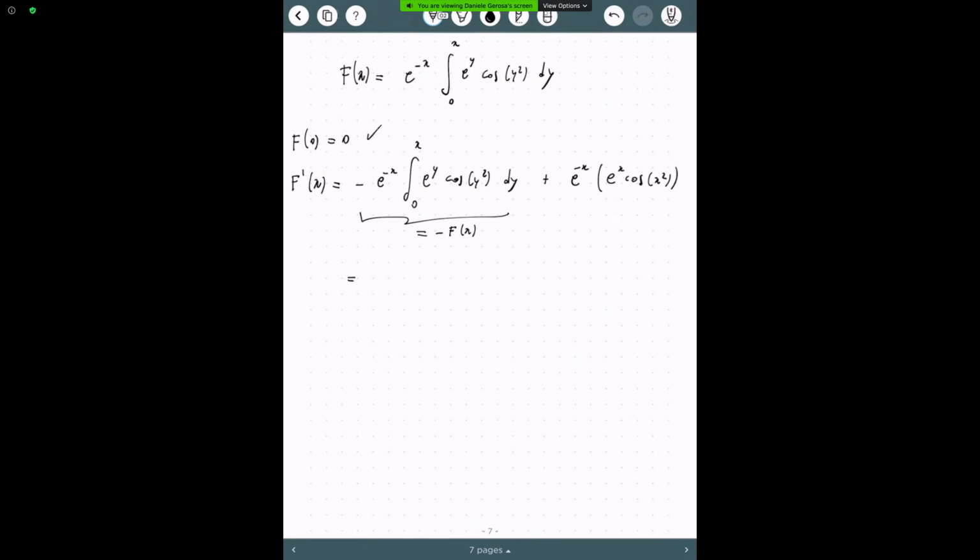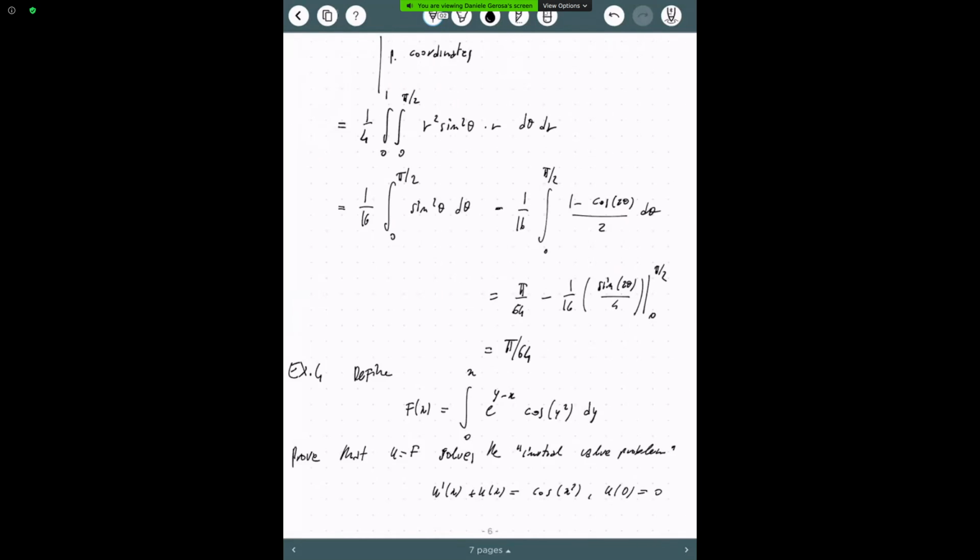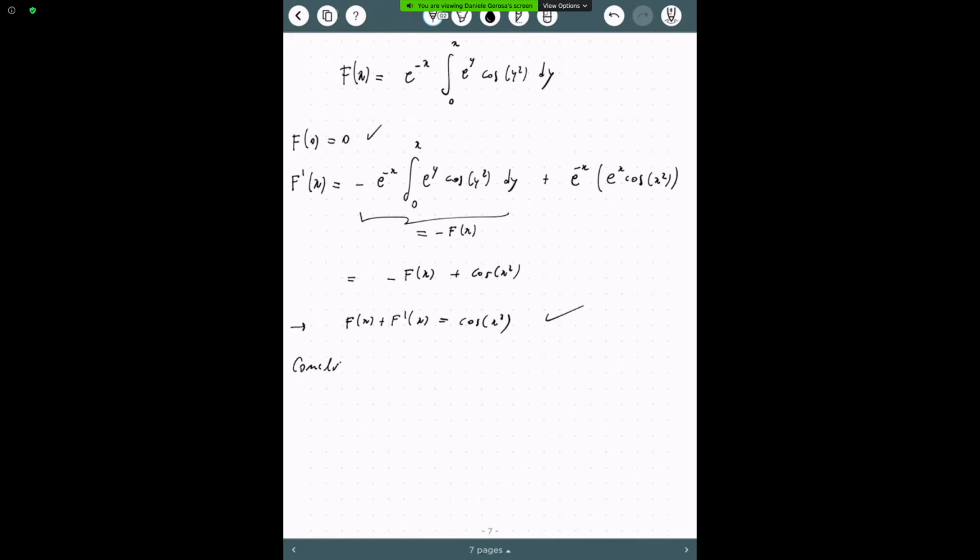So this is equal then to minus f of x plus cosine of x squared. So if you dump the f of x on the other side, you get, yes, this is the solution of the initial value problem, which I could call star. So the conclusion is f solves star.